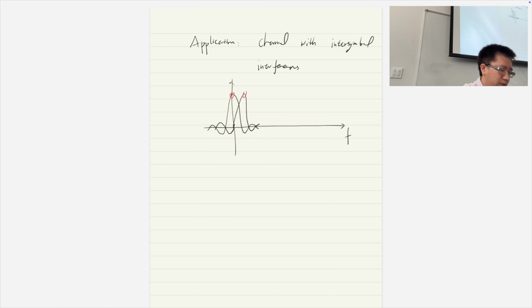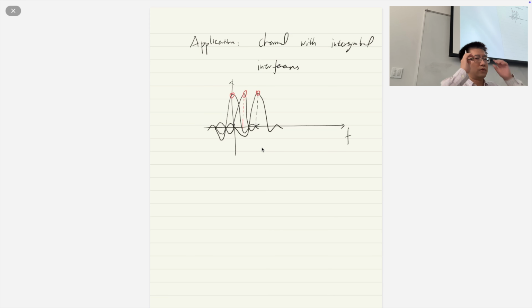Consider this to be exactly the zero crossing point. We can keep doing this and add a bunch of them together, so we can have another one here. I have to draw this extremely carefully. And then when I take this out, there's no interference, so this point can be exactly the zero crossing point.